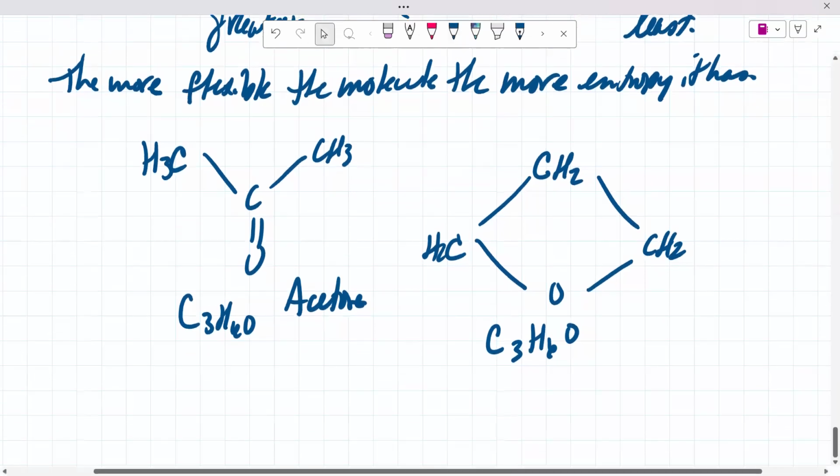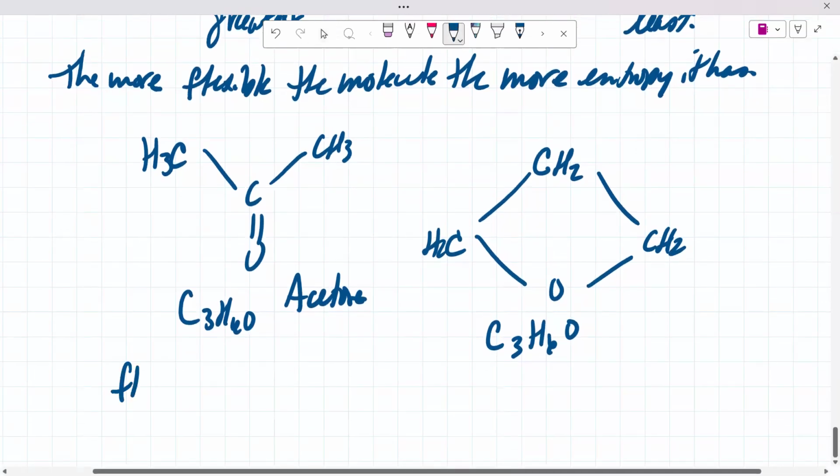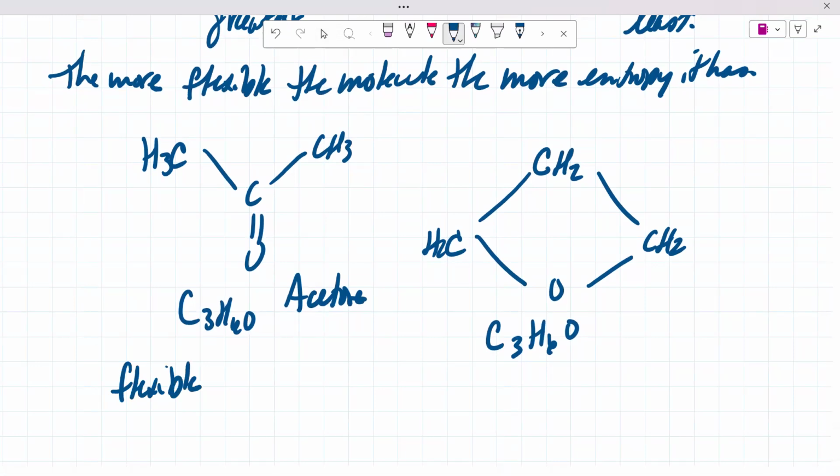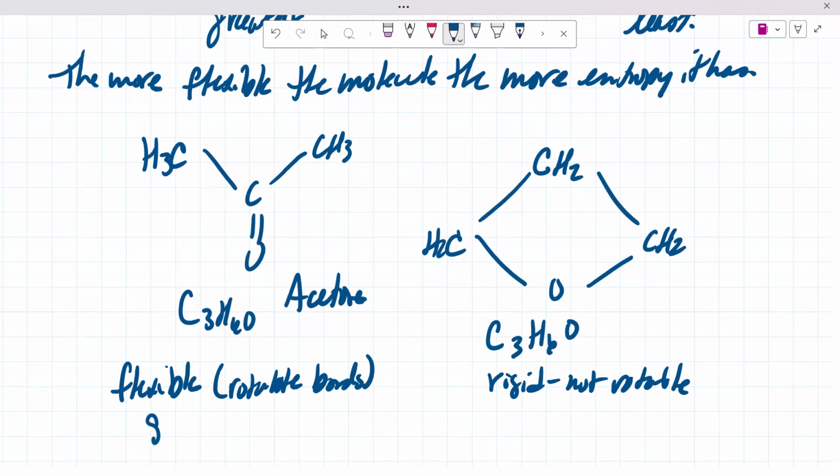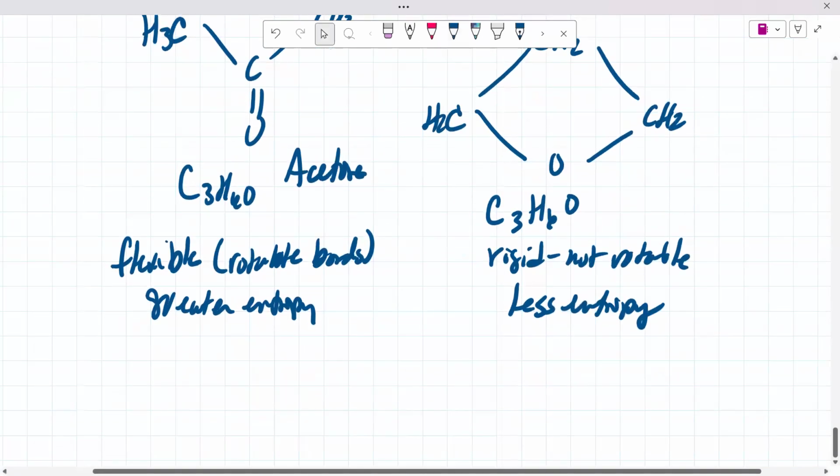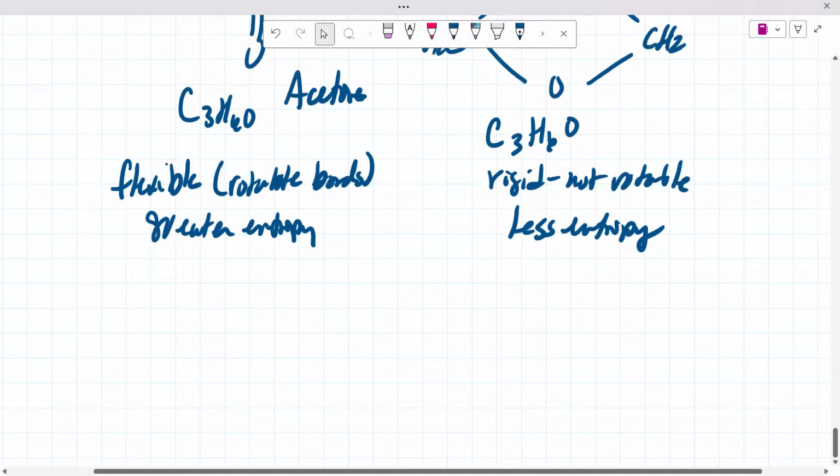Now, this is more flexible because it's got rotatable bonds. This doesn't have rotatable bonds. This is rigid, not rotatable. So what do you think? This has greater entropy. This has less entropy. Okay, let's talk about residual entropy.